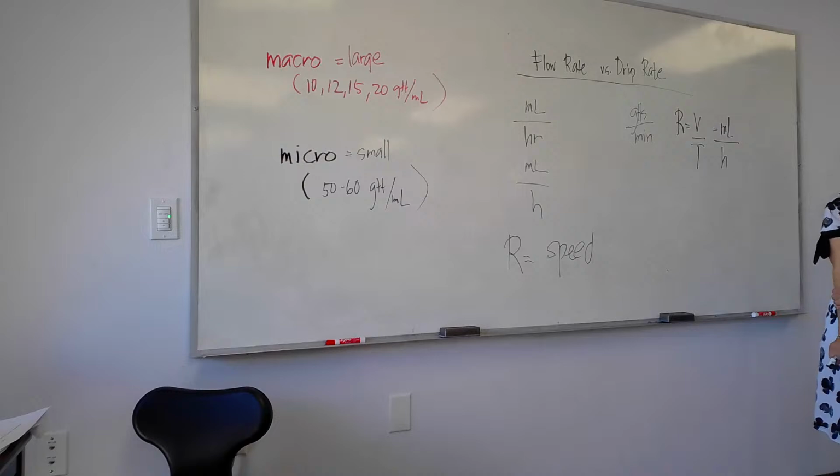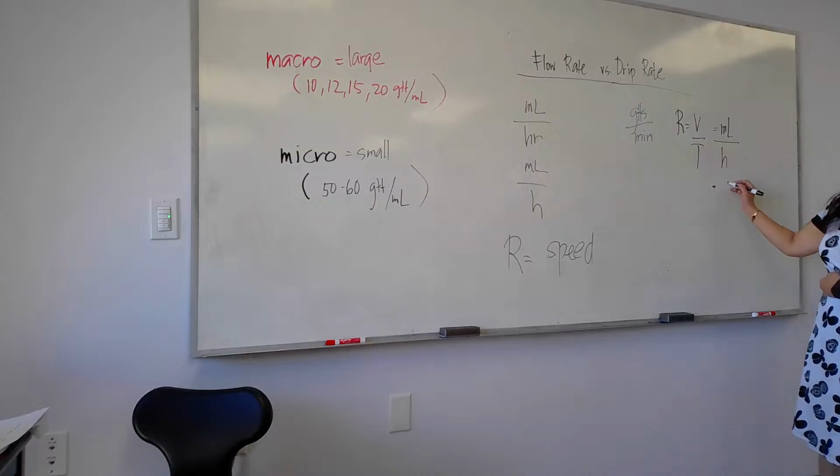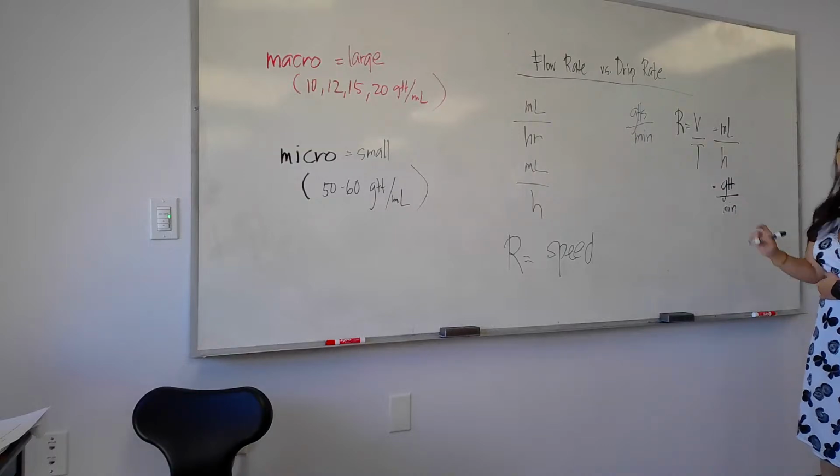Okay. It can be drip rate too, but if it's drip rate, it's going to be drops per minute.